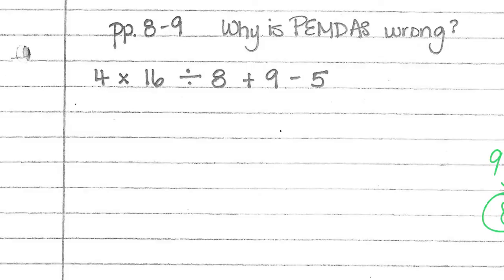All right, to continue with my why is PEMDAS wrong, I'm going to ask you where we would start here. Are there parentheses? No. Exponents? No. Multiplication and division, we're going to go from left to right. So I'm going to start here. I know it's tempting to start with the 16 divided by 8 because you guys can do that. But we're going to start with 16 times 4, which is 64.